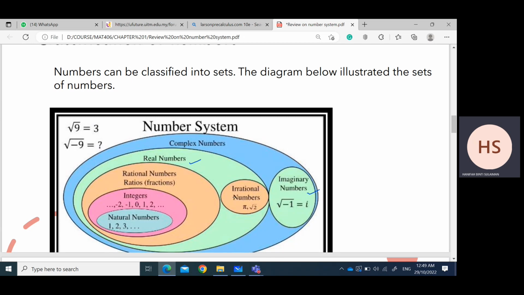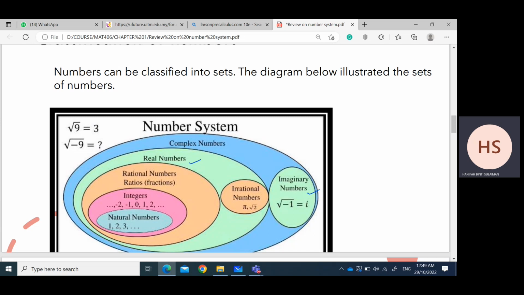Dalam diagram ini, dia menunjukkan imaginary number ada satu saja, iaitu square root of -1, and it is known as i. Bila nampak square root of -1, bila you plug in calculator, it will give you math error, ataupun error.